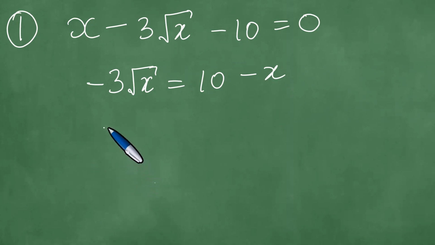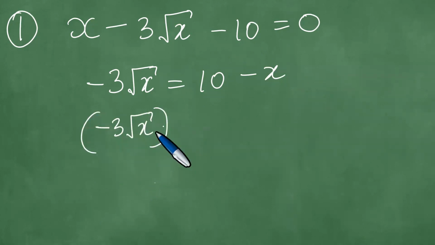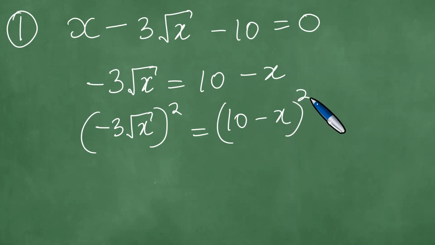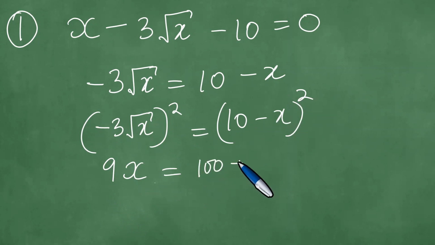We square both sides of the equation, meaning we have 3 minus 3 to the square root of x. You square on the left, and you square on the right. By squaring like this, you square the minus 3, it becomes a 9. You square the square root of x, becomes just x. You square 10. 10 by 10 is 100.